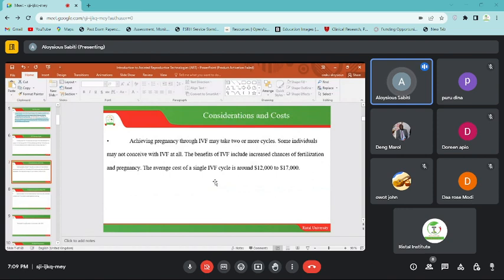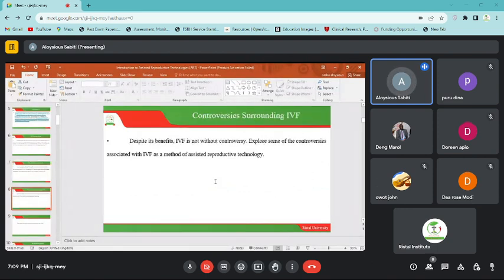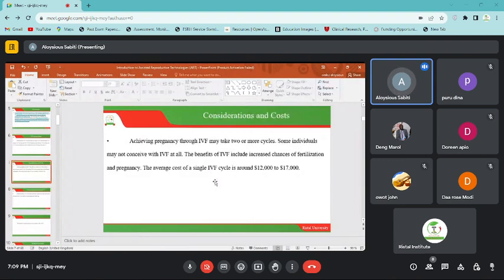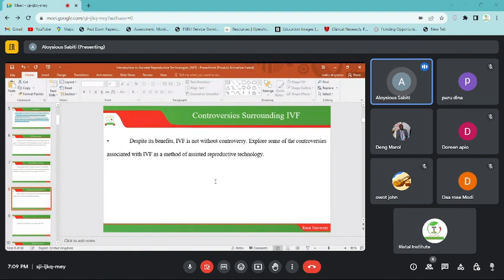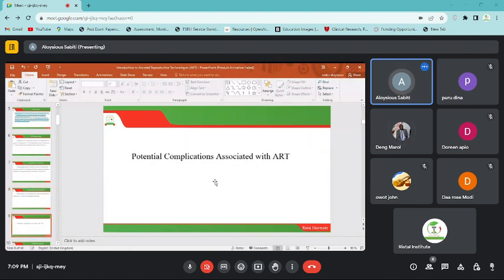We also looked through the considerations and the costs, that they are quite expensive, but also that they increase the chance of fertilization because they are somehow effective. And the controversy is that sometimes it comes with a lot of side effects that might include cases of preterm birth and so forth.